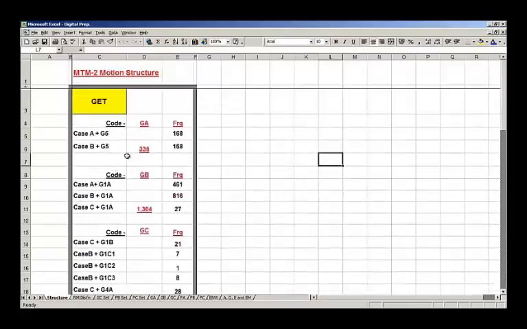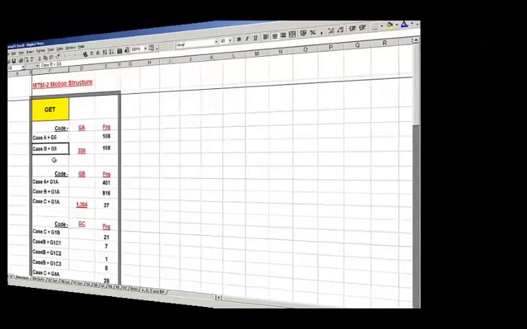For example, the frequency, FRQ, is the frequency of occurrence of that particular motion in the 1971 MTM-2 project report. It gives the case of reach and the particular case of grasp.